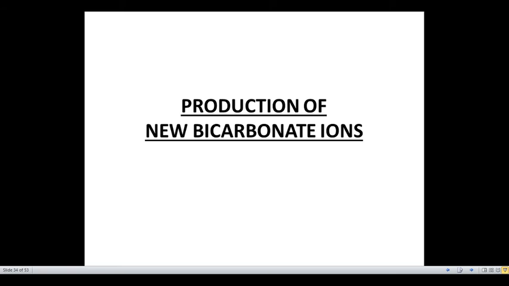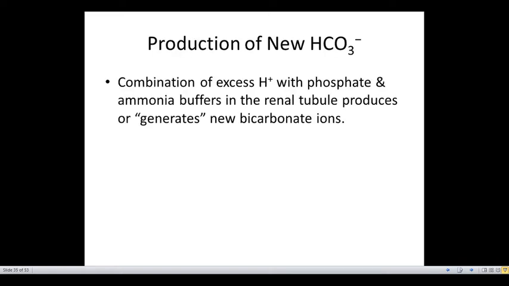The third fundamental mechanism used by the kidneys to regulate extracellular fluid hydrogen ion concentration is the production of new bicarbonate ions. So how does this production of new bicarbonate ions occur?